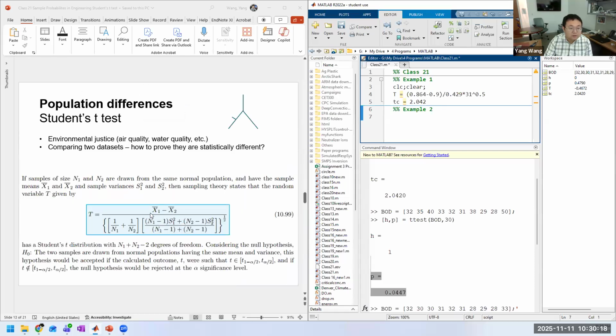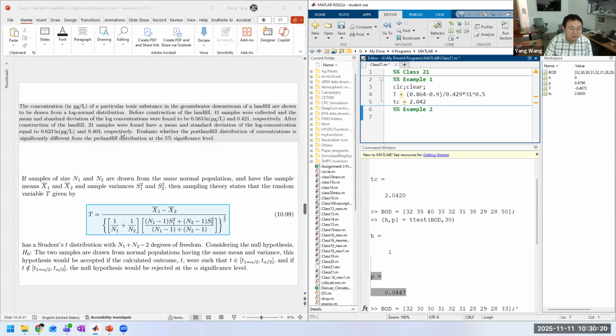Now we just need to calculate the t for these cases using this equation. We know that Tc equals 2. If the t is between -2 and +2, then they're not statistically different. If it's beyond this range, then they're statistically different.